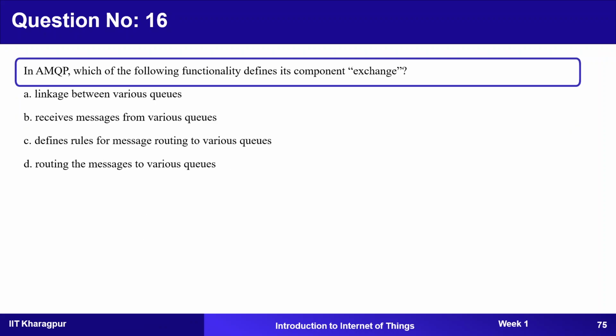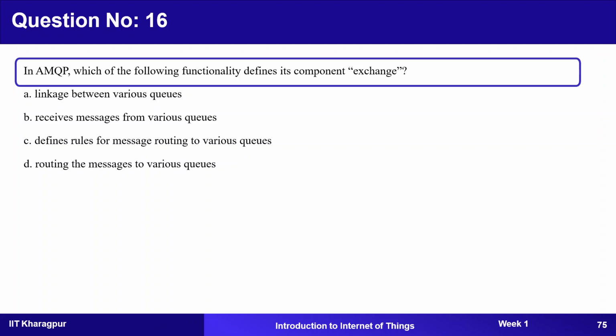Next question is, in AMQP, which of the following functionalities defines the component exchange? Options are linkage between various queues, second is receive messages from various queues, third is define rules for message routing to various queues, and fourth one is routing the messages to various queues. Anyone?